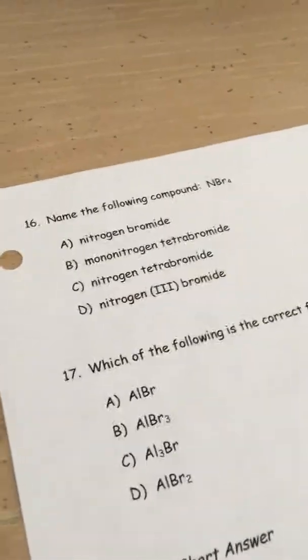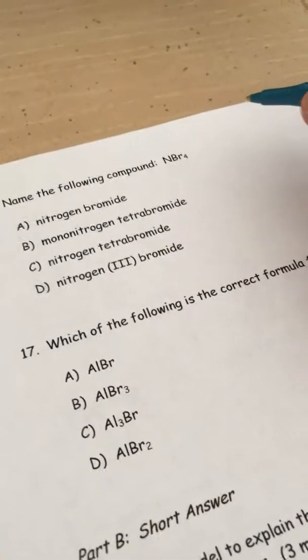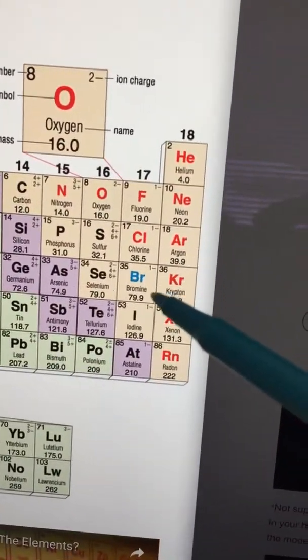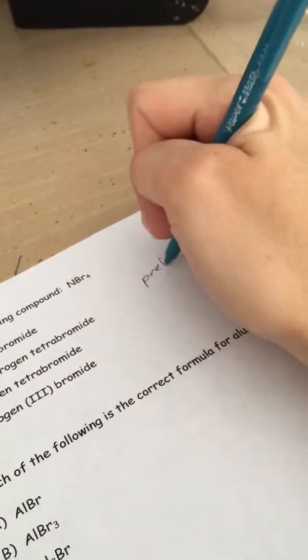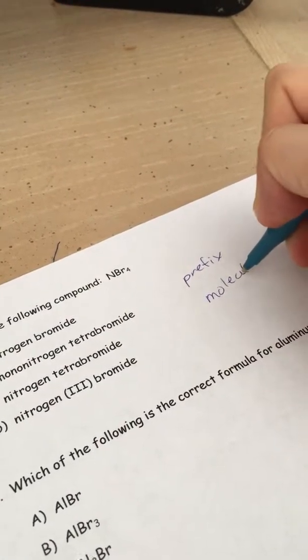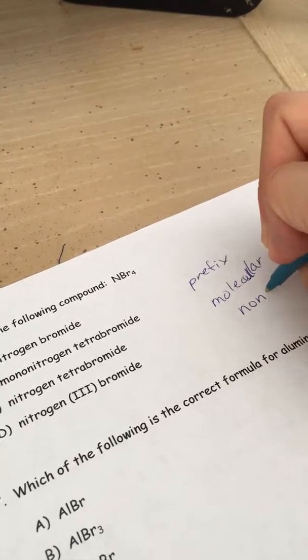Now look over here, the nitrogen and bromine put together. So we have nitrogen, a nonmetal, and bromine, a nonmetal. So this is going to be one where we use the prefixes, because it's molecular. Why is it molecular? Because it's 2 nonmetals.